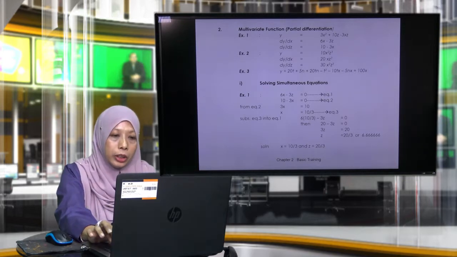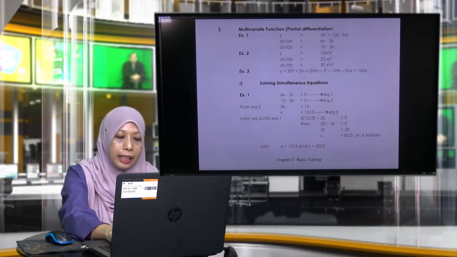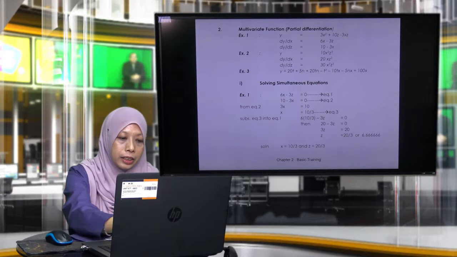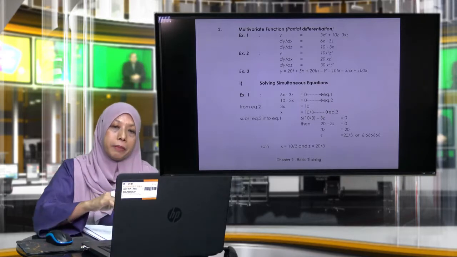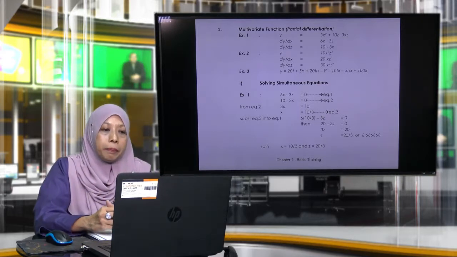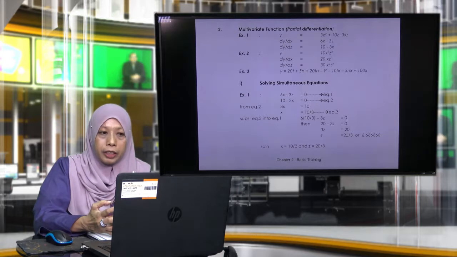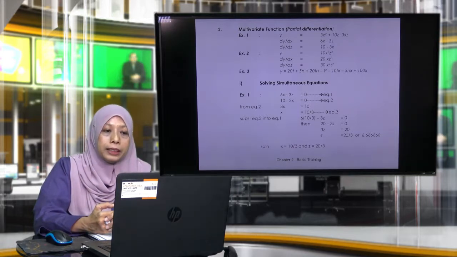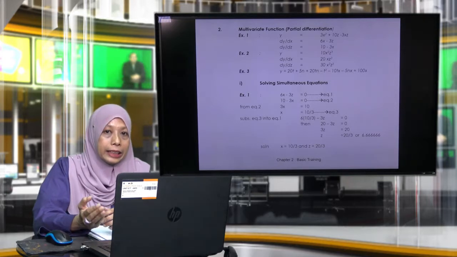You can further simplify this and you're going to get 6x minus 3 times 1 times z. So the partial derivative for this function, dy/dx, should be 6x minus 3z.